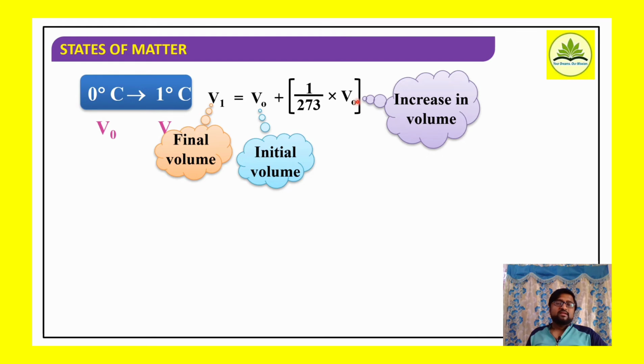The initial volume increases by a factor of T degree Celsius by 273. This quantity, T degree Celsius into V0 divided by 273, indicates the increase in volume: the initial volume plus the increase in volume.